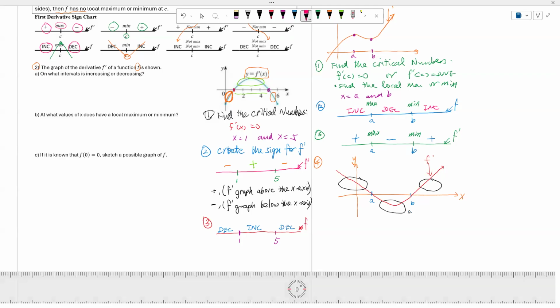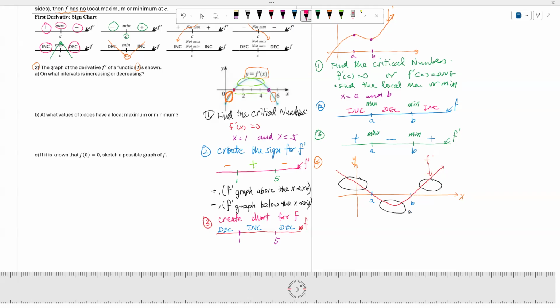So therefore, step 3 is the one that we would like to create: maybe the associated chart for the f function. Okay. Then, up to this point, we should be able to answer A and B now.